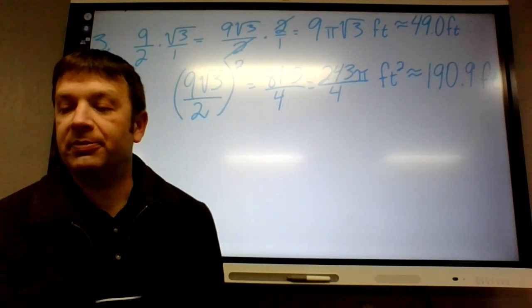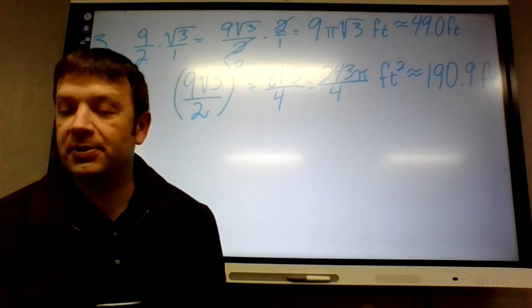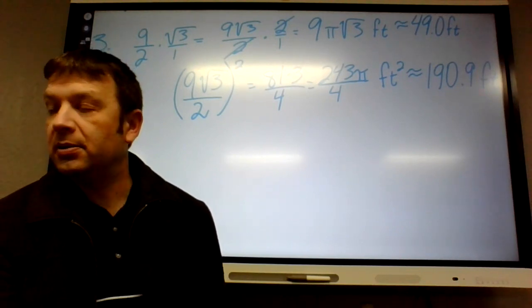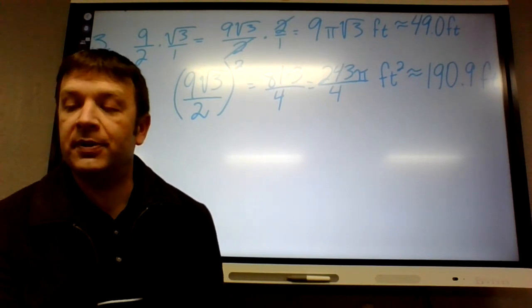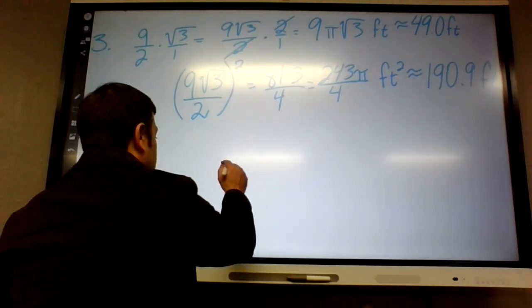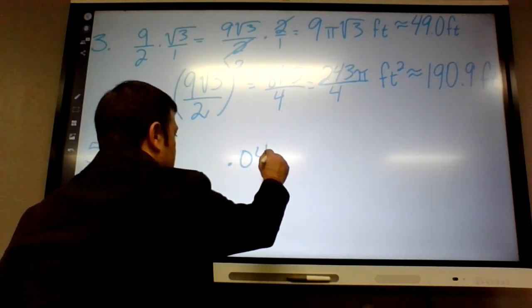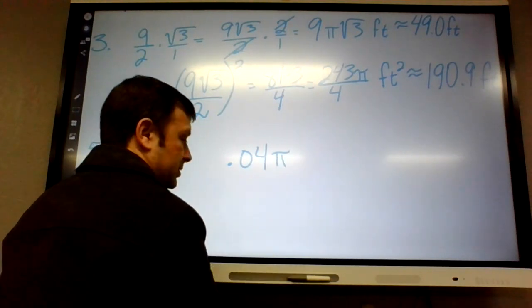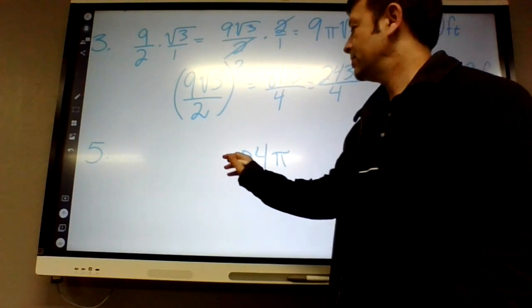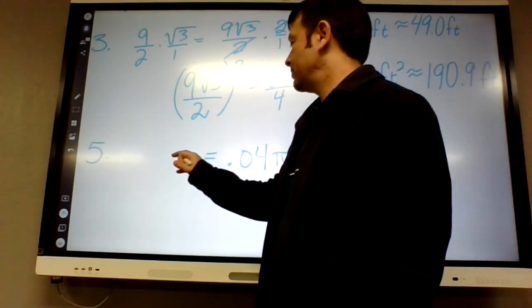You don't have to worry about labeling it like units and units squared. Just you can skip that part. Okay. Isa on 7, they start by giving us the area. 0.04 pi. So if 0.04 pi is the area, how do we find the radius?